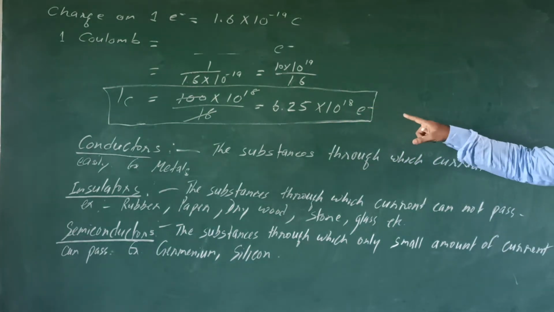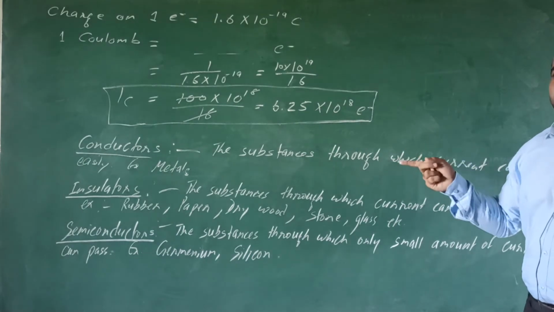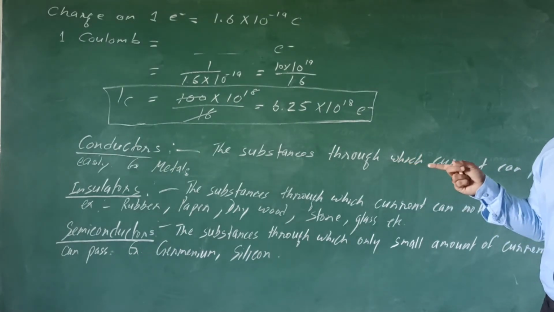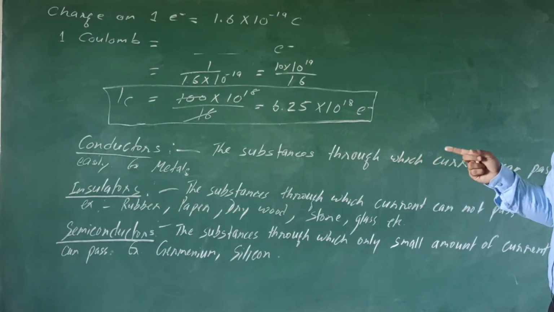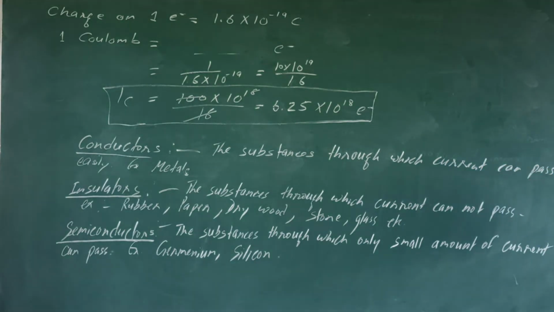Then substances are divided on the basis of flow of current. The substances through which current can pass are known as conductors. Most of the metals can pass the current through them. Then insulators, the substances through which current cannot pass: rubber, paper, dry wood, stone, glass, etc.